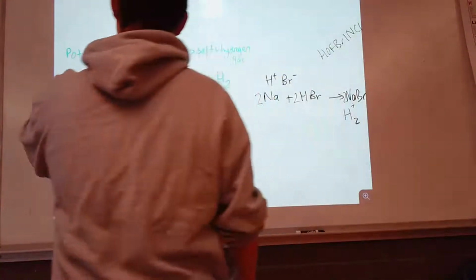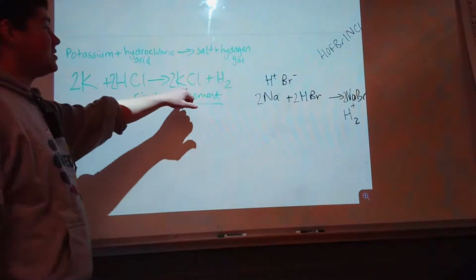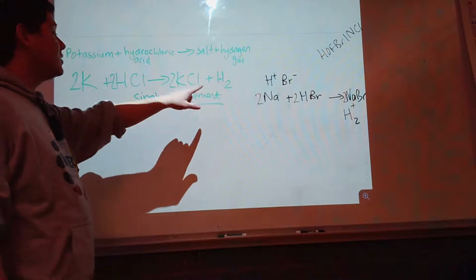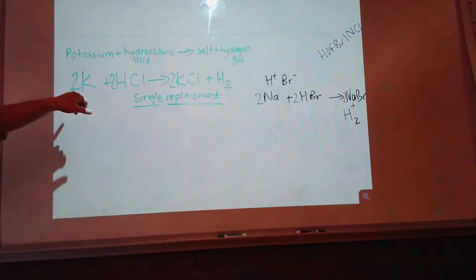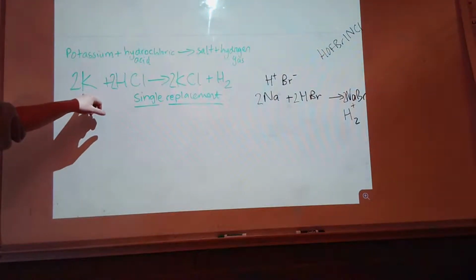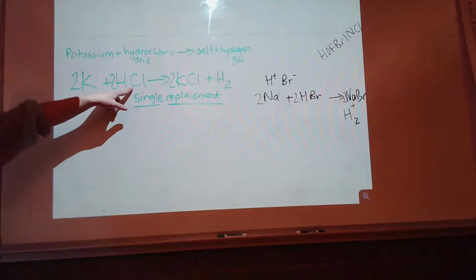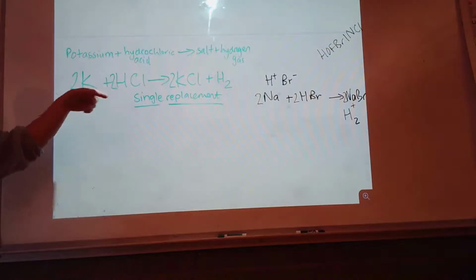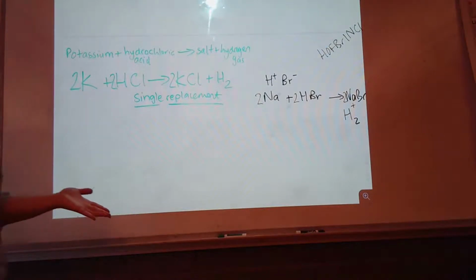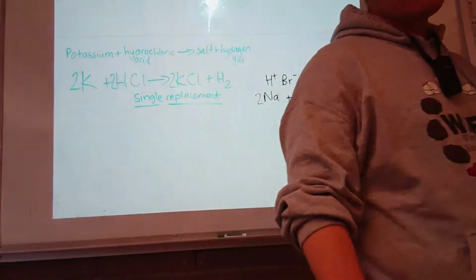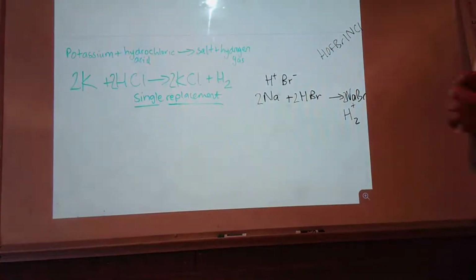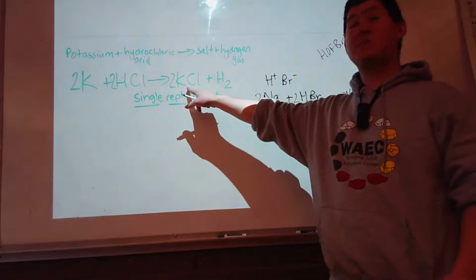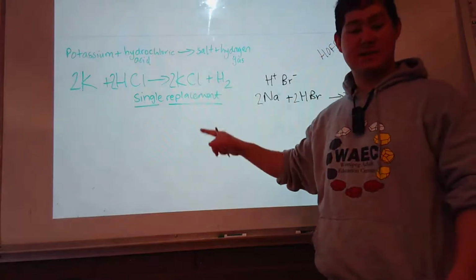So again, we have a metal and an acid to give us our salt and hydrogen gas. So it's a single replacement reaction again because potassium started off by itself, but then it sort of stole the chlorine from hydrogen. That's pretty much the only type of reaction that we looked at so far, right? You have your metal and your acid, and we're always going to get the single replacement salt and hydrogen gas.